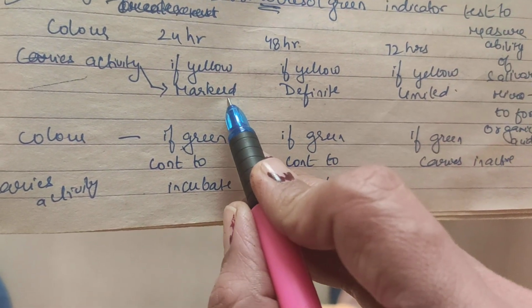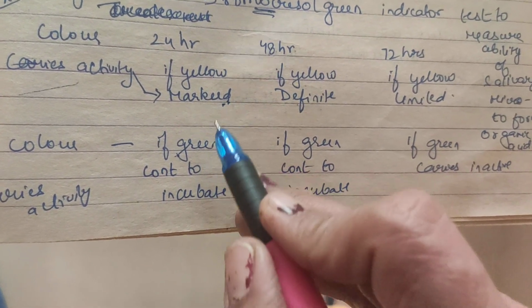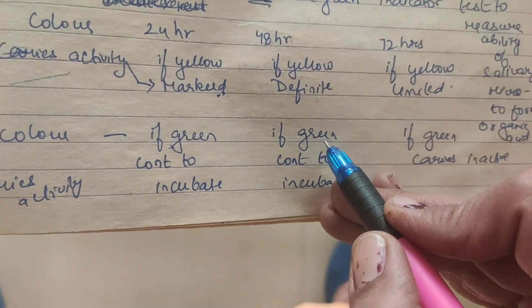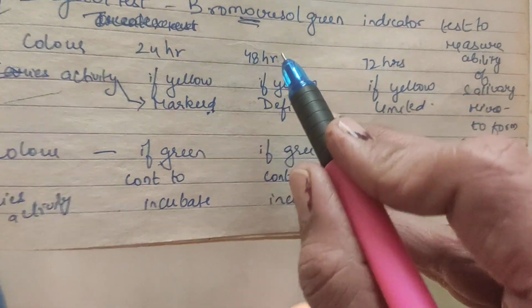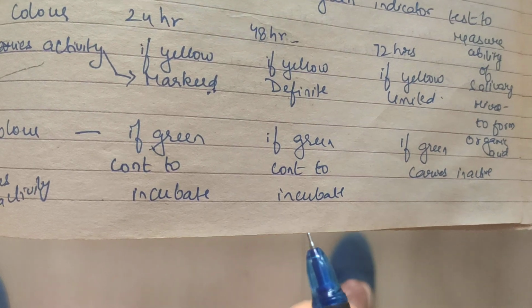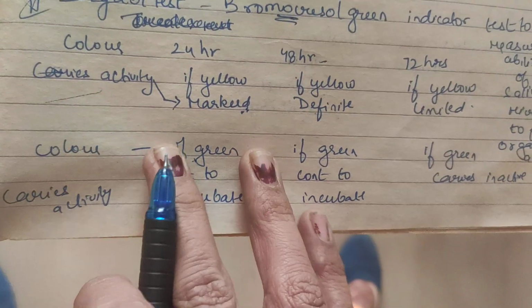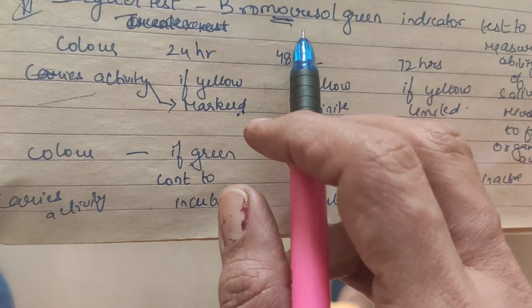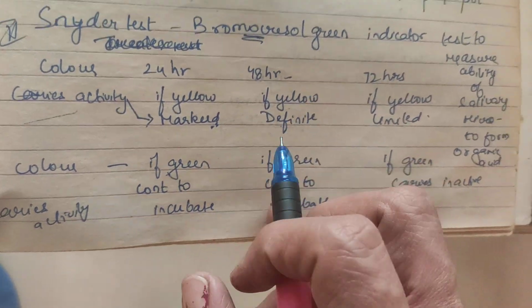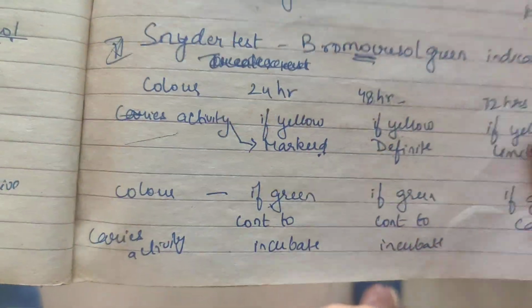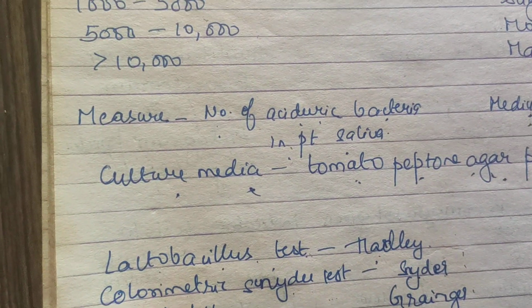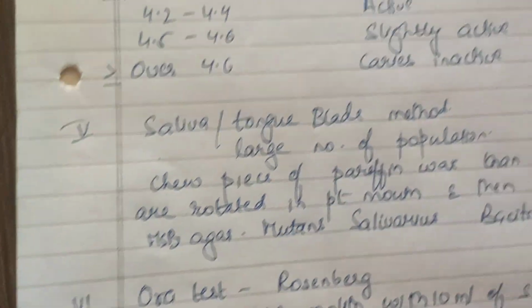It will be marked. Or they can ask if the color changes from green to yellow within 48 hours. These hours are important. Then the caries activity will be definite. So bromocresol green is the indicator, and these are the findings.